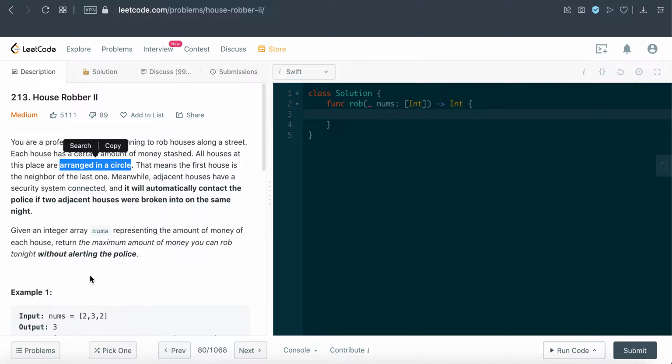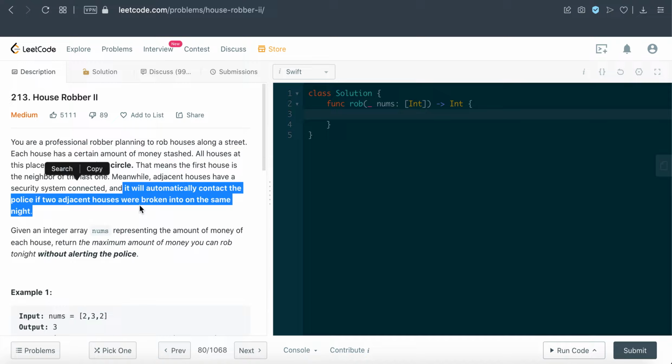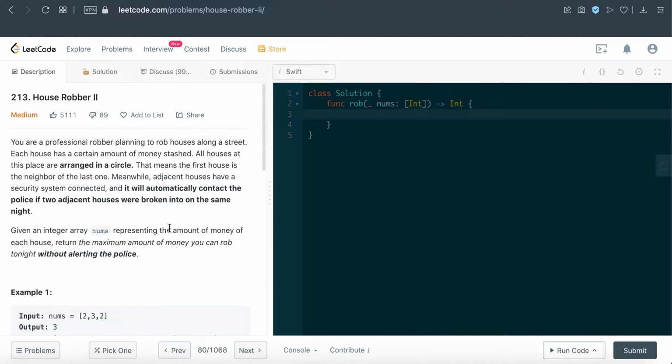What that means is that we cannot rob both the first house and the last house, because if we do, we alert the police and get caught, which is not our goal. So how do we avoid that?